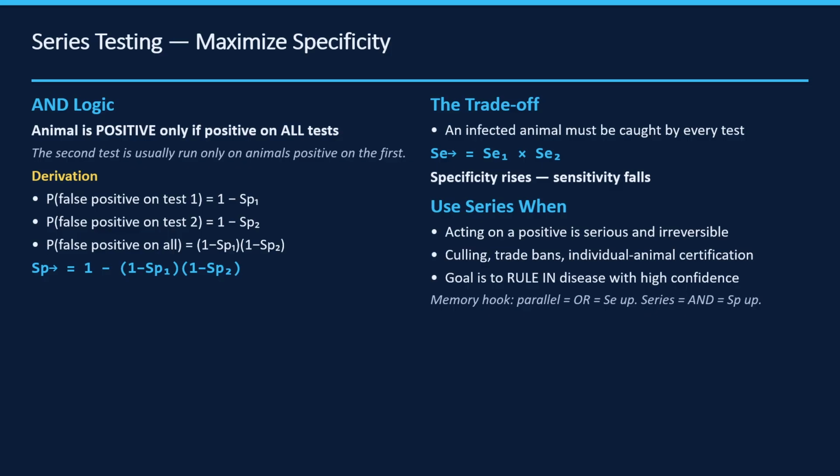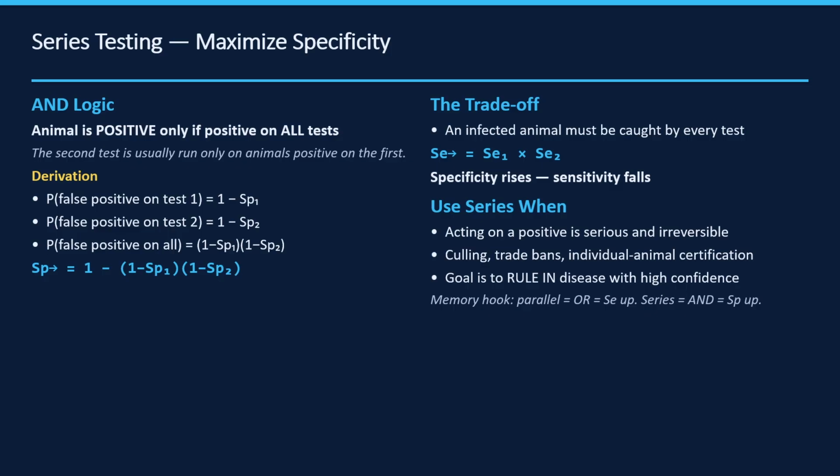For a healthy animal to be wrongly called positive, it has to produce a false positive on test 1, probability 1 minus specificity 1, and again on test 2, 1 minus specificity 2. Multiply those and you get a very small number. So combined specificity equals 1 minus that product. Specificity goes up.